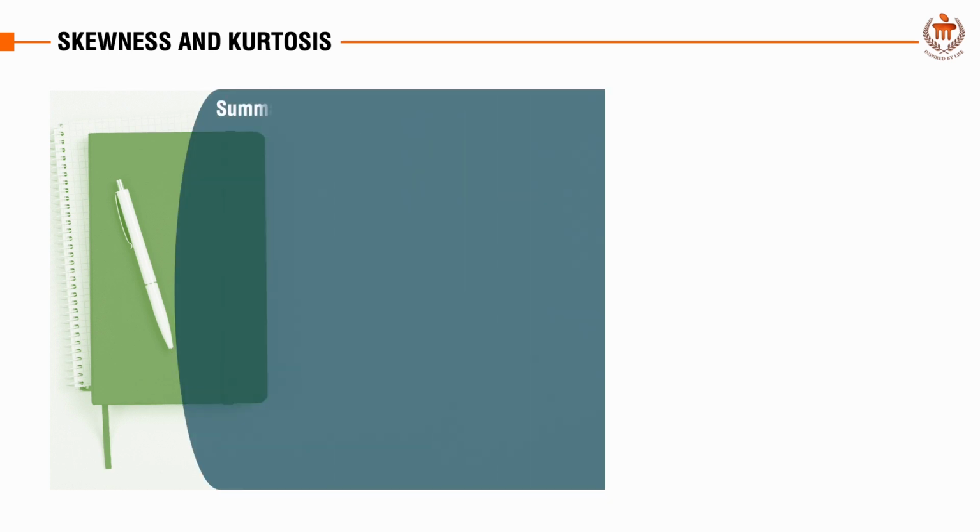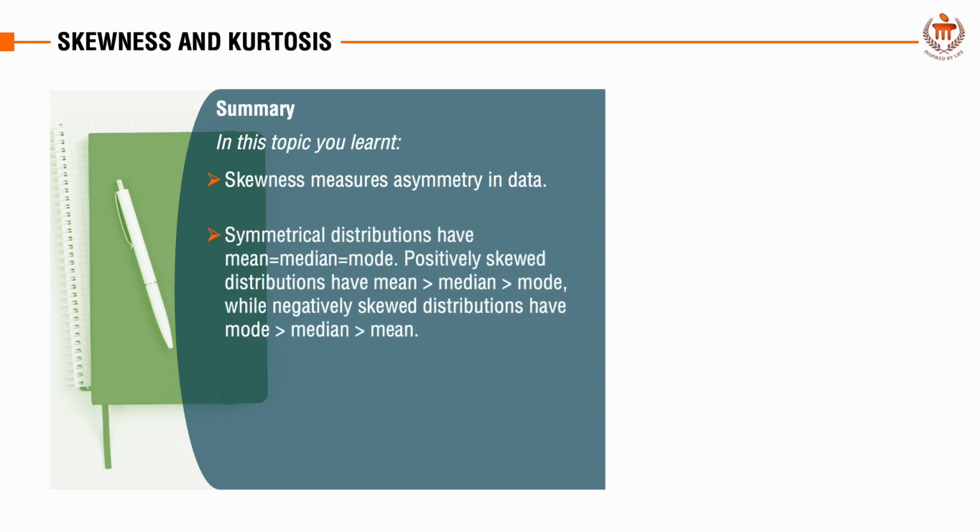So guys, in this session, we have discussed skewness and how it helps us measure asymmetry in the data. A symmetrical distribution has mean equal to median equal to mode, while in a positively skewed distribution we have mean greater than median, greater than mode.